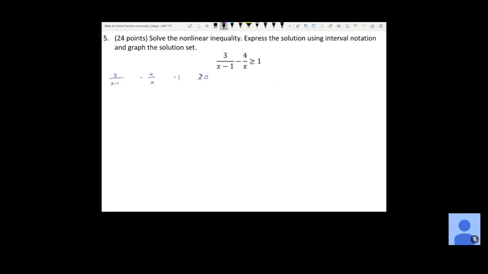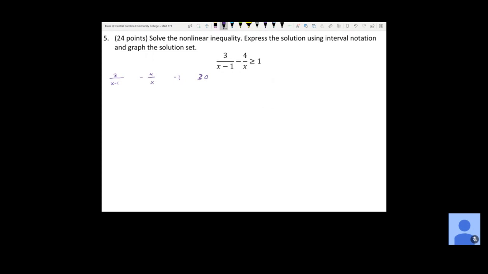I spaced these out because we know we're going to have to find a common denominator, so I left myself some space to multiply if I need to. Anytime you have a nonlinear inequality, first thing you want to do, move everything to one side.